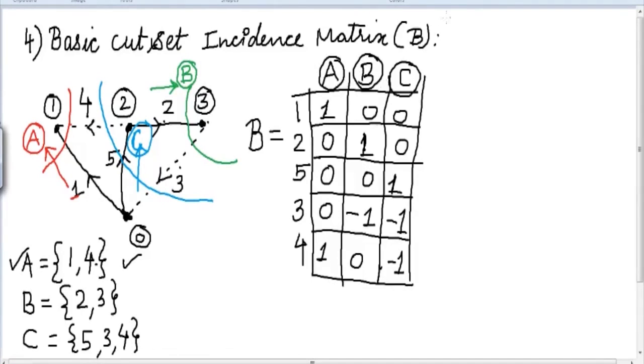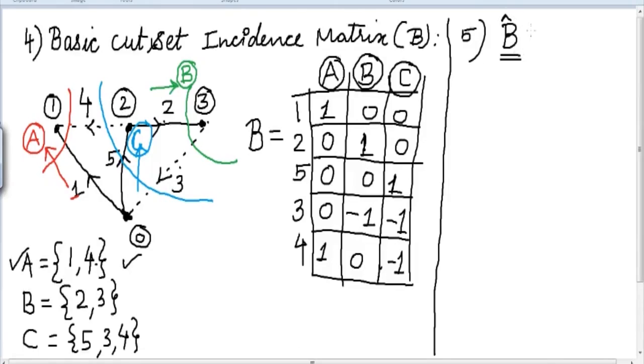Now the next matrix is the fifth matrix, that is the augmented cut set incidence matrix. And augmented cut set incidence matrix is written by B dot. I am not writing the complete name here. I have already written this name previously.